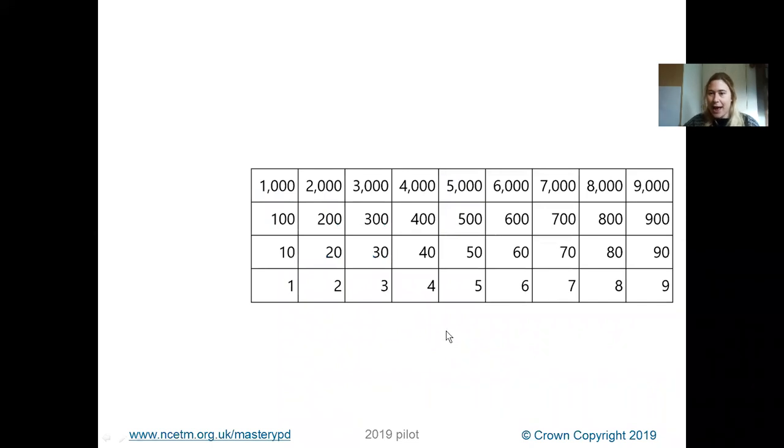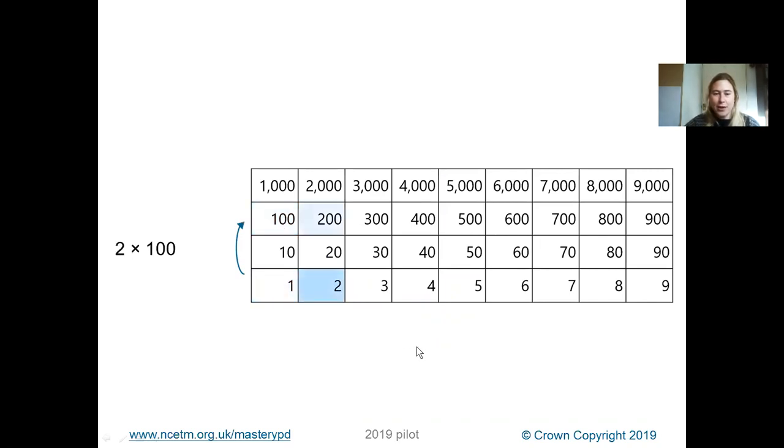Okay, so let's recap multiplying by 100 first. So I've got my Gattegno chart back again. Let's look at what happens when we multiply a digit by 100, okay? So 1 times 100 is 100, okay? Think about the position of the digits and what happens. Can you remember the rules, okay?